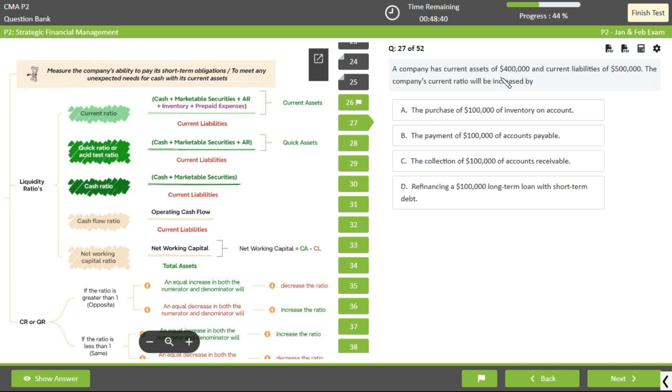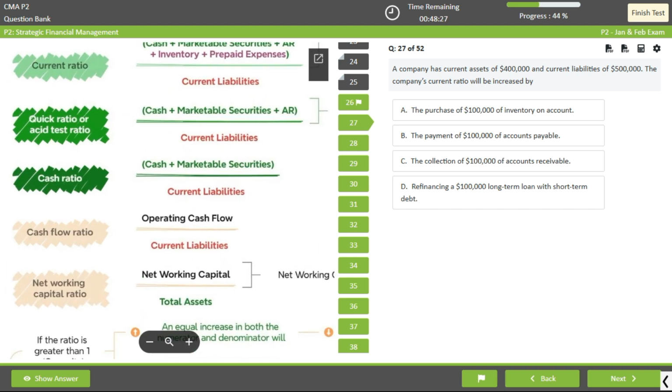A company has current assets of 400,000 and current liabilities of 500,000. The company's current ratio will increase by. Here we have to go to the journal entries in order to analyze.